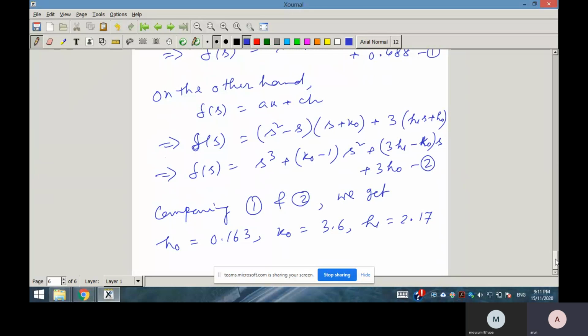So this means HS is equal to 2.17 S plus 0.163 and KS is equal to S plus 3.6.